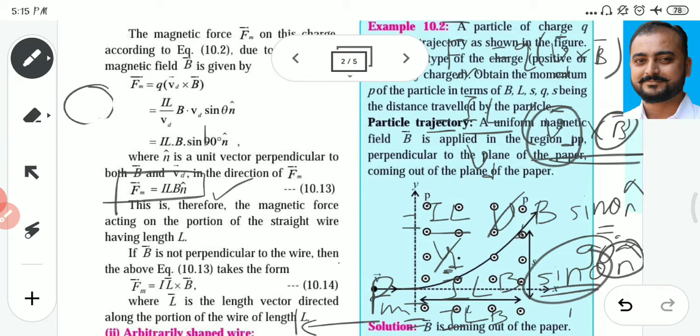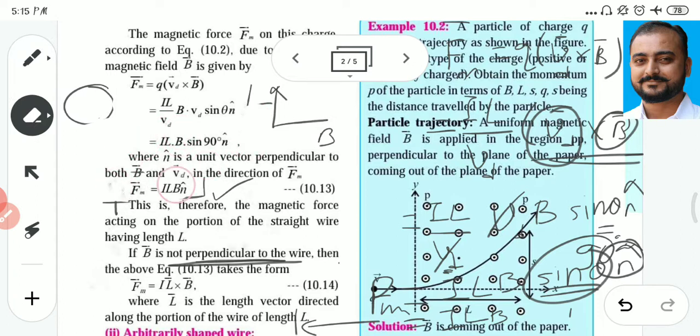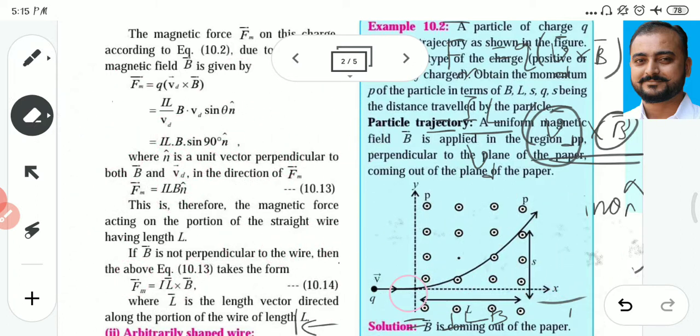This relation is only for the case when L and B are mutually perpendicular to each other. But if they are not perpendicular, then at that time sine theta remains as it is.